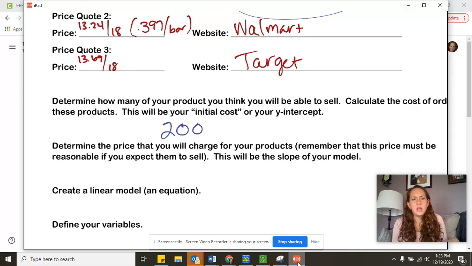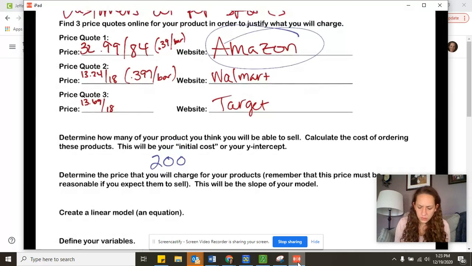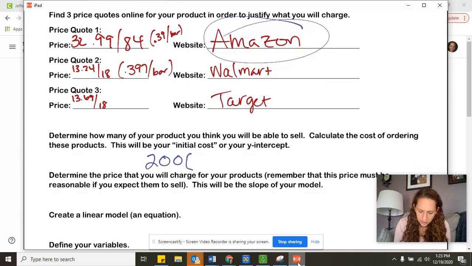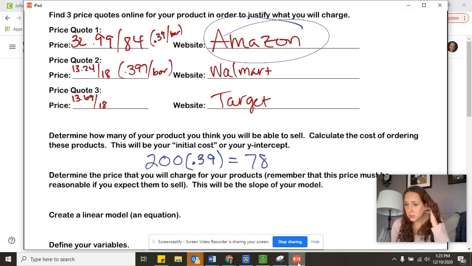So for 200, at 39 cents per bar, that is going to be $78. So that's how much money it's going to cost me to buy my candy bars.